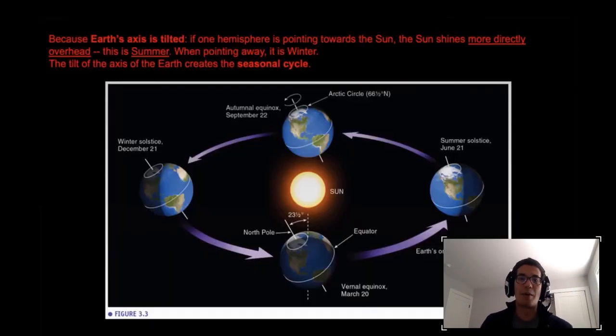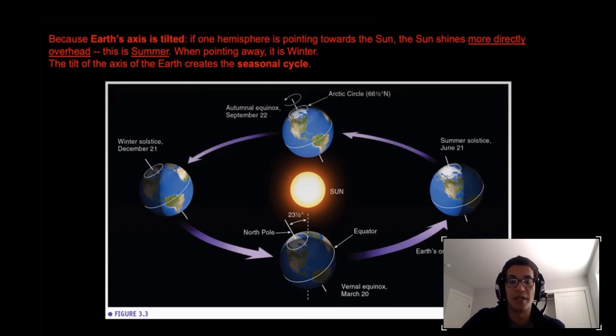Okay, so we just want to talk about one more step here. Because the Earth's axis is tilted, it means that there may be times where one hemisphere is pointing towards the sun, and when that happens, the sun shines more directly overhead. So this is summer.